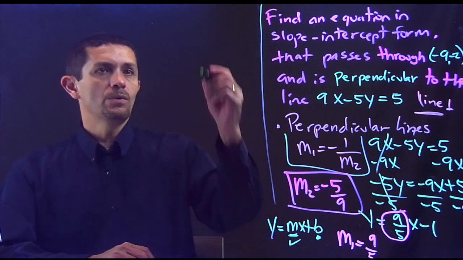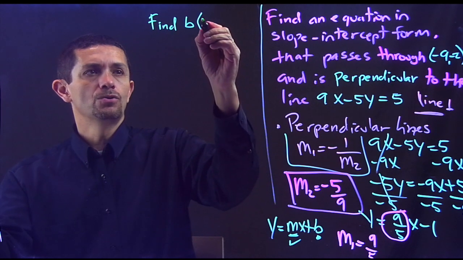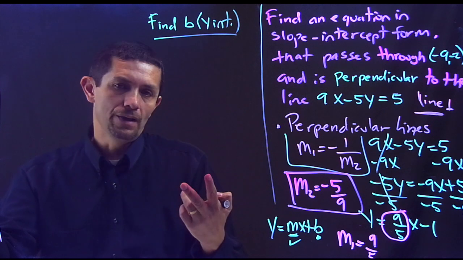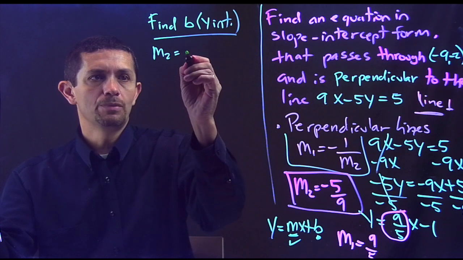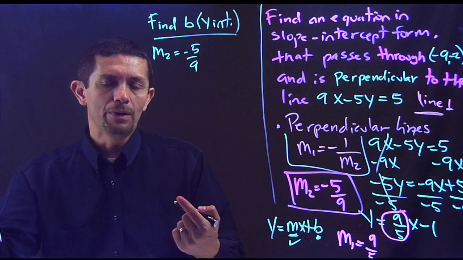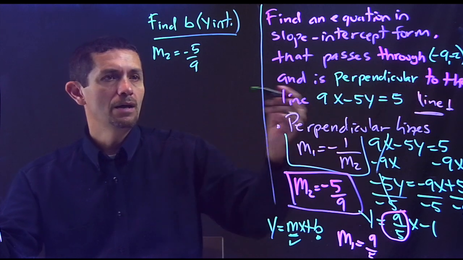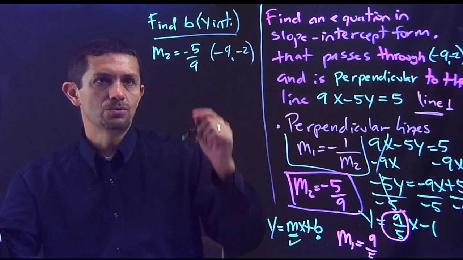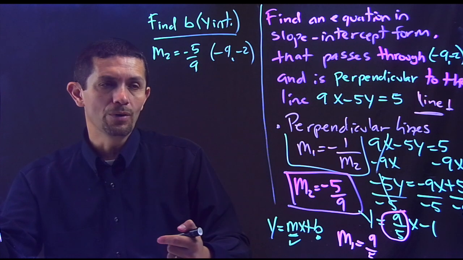To do this I need two things: my slope, which in my case is -5/9, and an ordered pair, a point, which is given at the beginning of the problem: -9, -2. So to find b, I need the slope and one point.